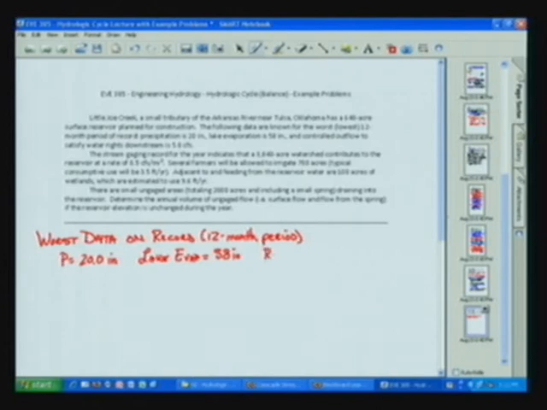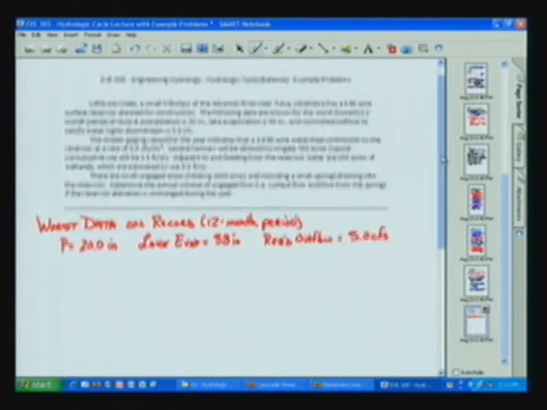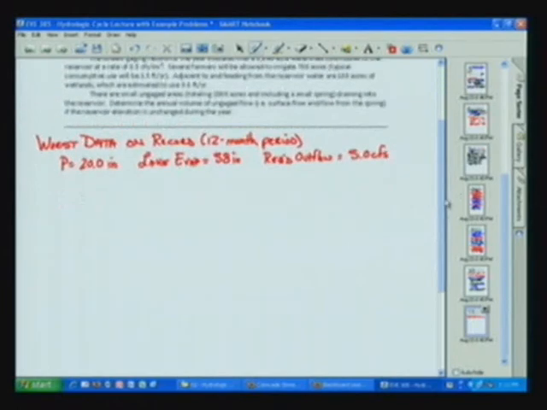The required outflow is 5 CFS. The reservoir surface area is 640 acres.